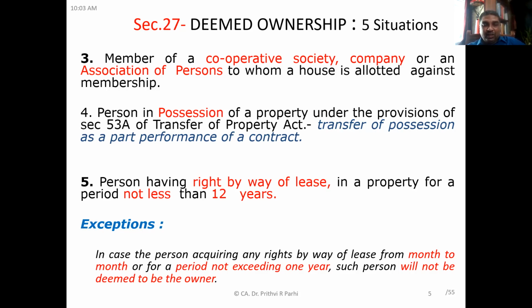Here again you read it: in case a person acquires any rights by way of lease from month to month, or for a period not exceeding 1 year, such person will not be deemed to be the owner. That means for a very short-term period, that person will not be the deemed owner. That person will be considered deemed owner only when the period is fairly long, more than 12 years.